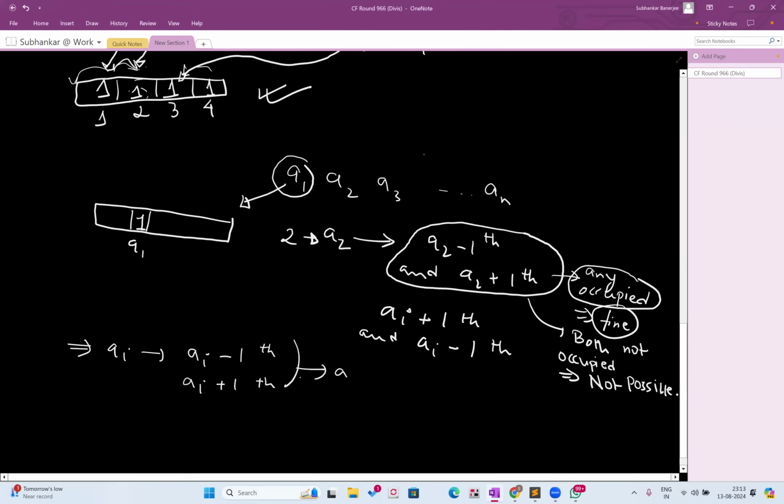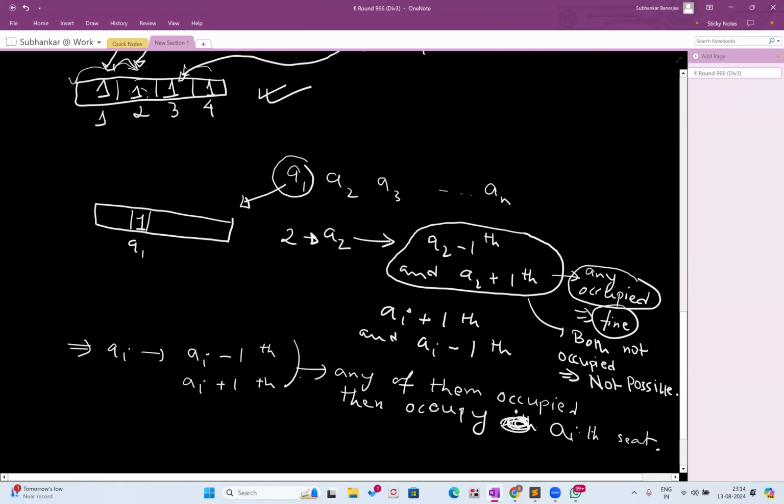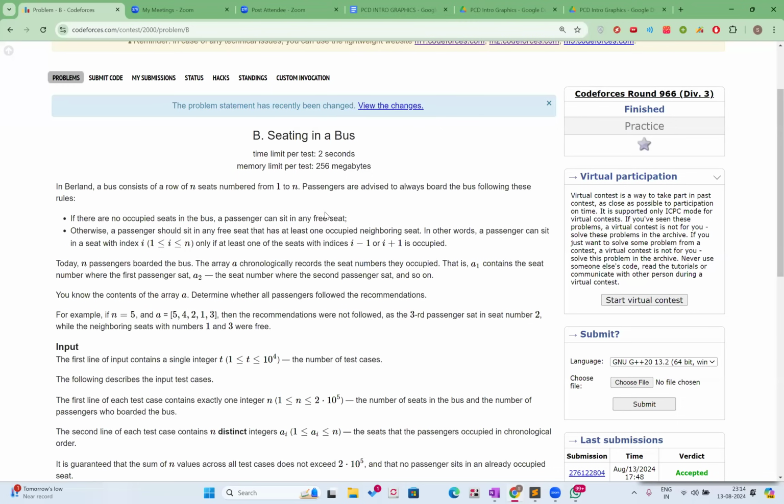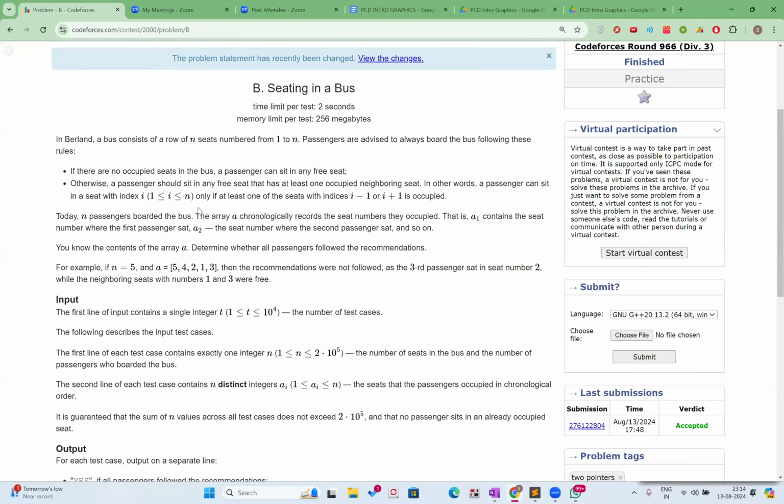If any of them is occupied, then I'll occupy the A_ith seat. If any of the left or right seats are occupied. I'll just show you the implementation also.